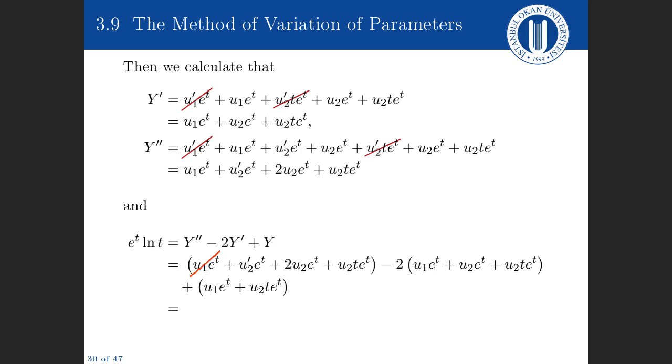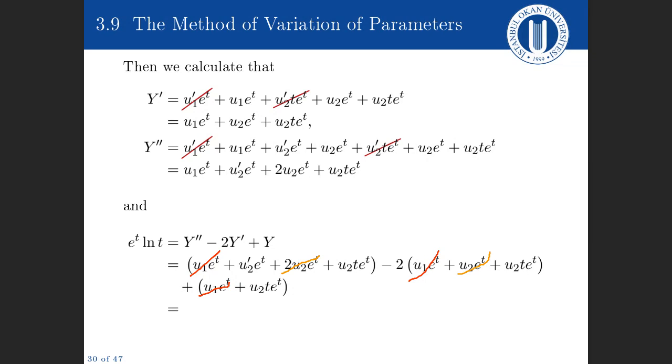Let's see, there's a u1 e to the power t minus 2u1 e to the power t, and then plus u1 e to the power t. Those are going to cancel out. There's a 2u2 e to the power t here, and then a minus 2u2 e to the power t just here.